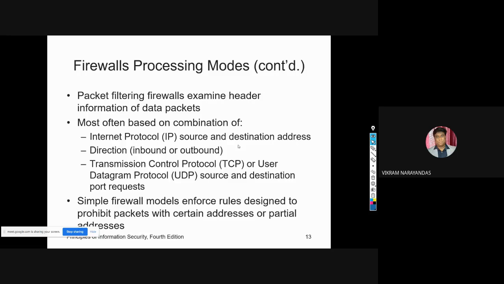Firewall processing modes: generally packet filtering firewalls examine the header of the information. First we go for packet filtering, which examines the header information of the data packets that are coming into your network. I think you remember what IPv4 and IPv6 are. What are IPv4 and IPv6?